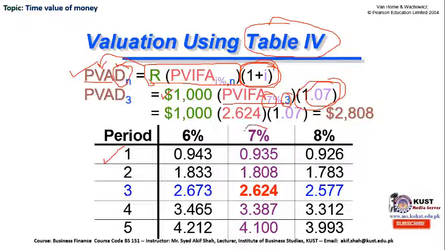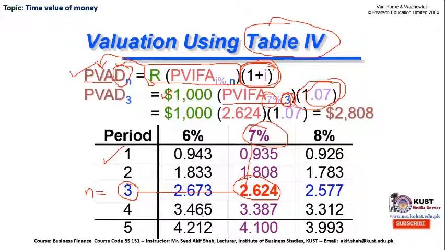Just find this compound interest rate, which is 7% in our numerical case, and the time to maturity of this annuity is 3. So you have to select the third row, which represents the third year, and then find the intersection point of these two values, which is 2.624.